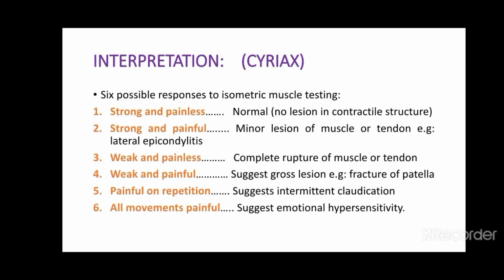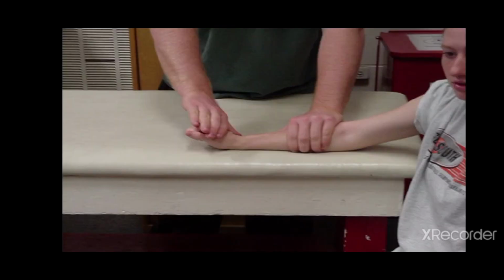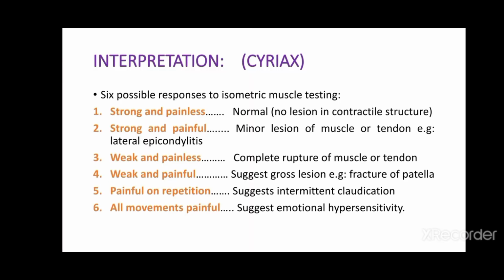In lateral epicondylitis, when you perform passively resisted extension of the wrist, the patient will complain of pain at the lateral side of the elbow at the level of the lateral epicondyle, but the contraction in the extensor muscles is strong. So it means there is a minor lesion in the tendon of the extensors of the wrist. So the response is painful and strong contraction.